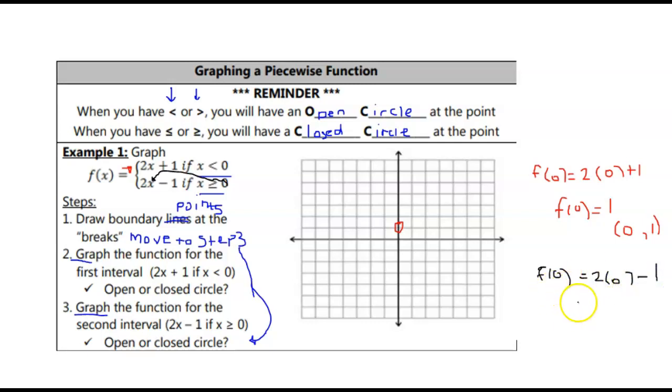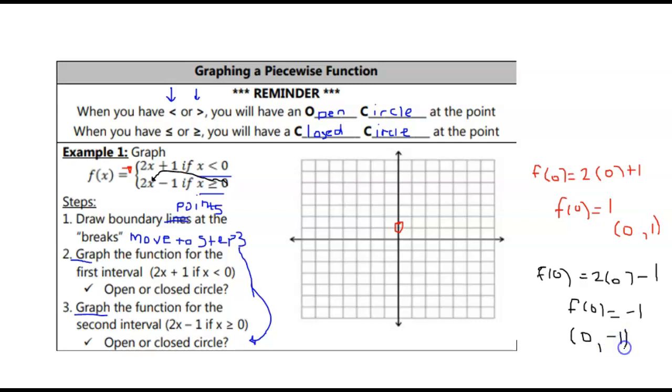I can quickly see that f of 0 for all my values that are greater than or equal to 0 is going to be negative 1. So the point that I'm looking at for values greater than or equal to 0 is going to start, the boundary point will be at 0, negative 1.